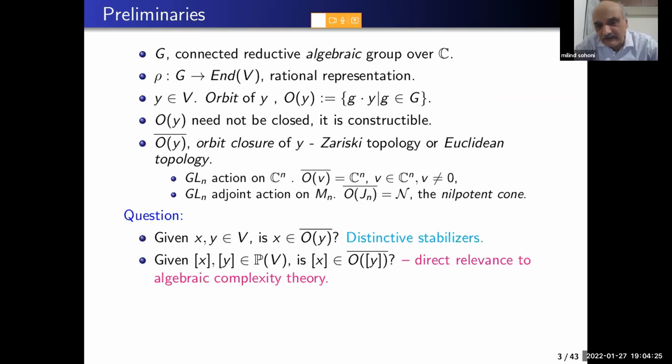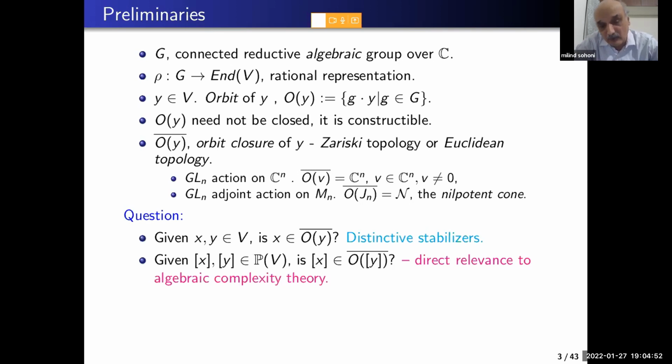Or if you look at matrices acted upon under the adjoint or the conjugacy action, and if I look at the top nilpotent Jn, then its closure, of course, is the whole nilpotent cone for the conjugate action. So really, our question is that given two points, x and y, in this G module, is x in the closure of y?